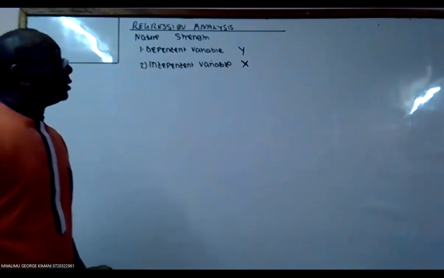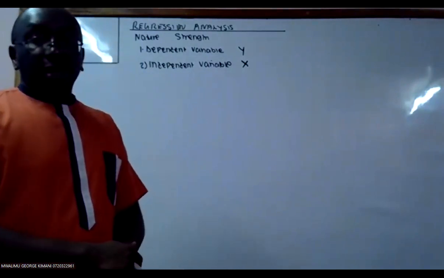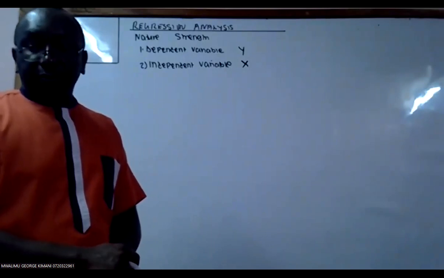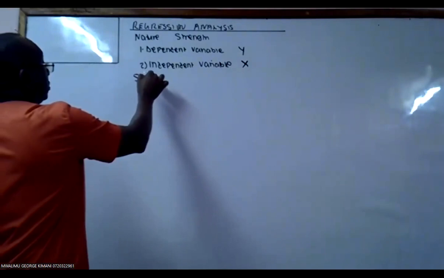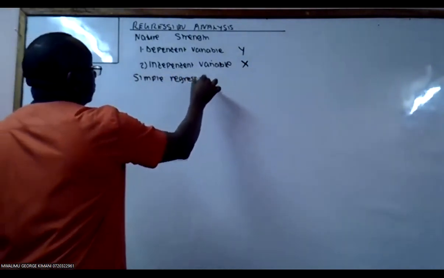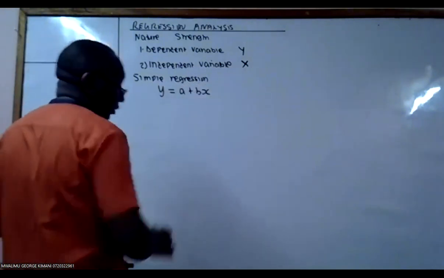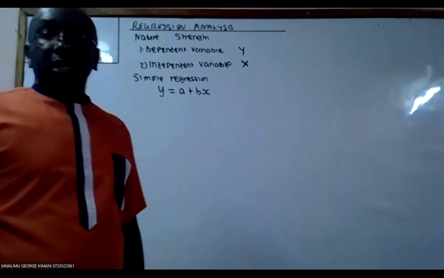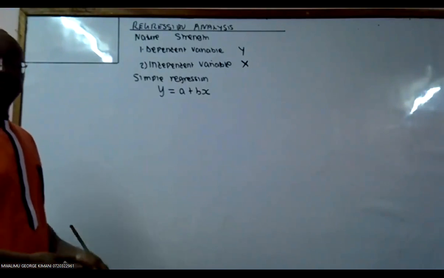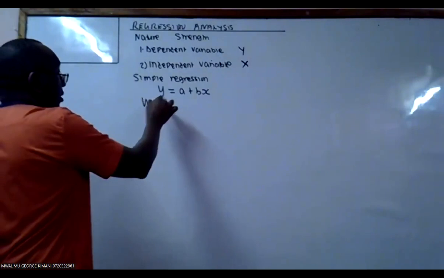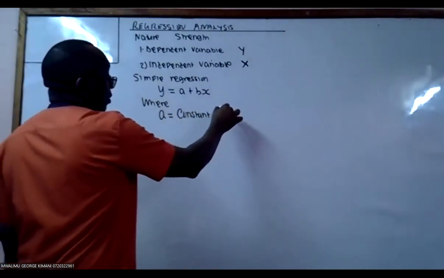Then we write down there, if an equation has one independent variable, it is called simple regression, whose general format is y equals a plus bx, where a equals constant or intercept.